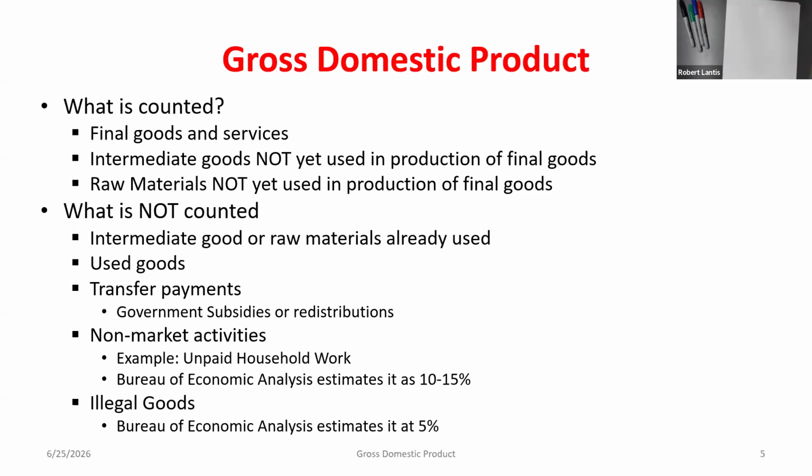In fact, their estimate is about 5% of GDP would be illegal goods. So this is things like drugs, things that are not measured or not tracked. So they're not included in GDP, but we know they exist. So GDP will always understate to a degree the production of our economy because it doesn't include these goods.